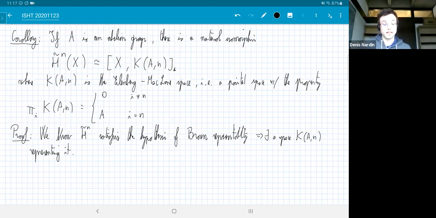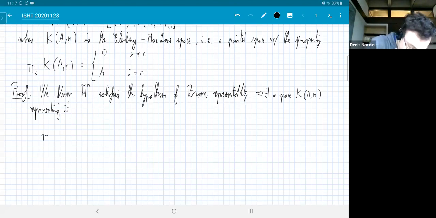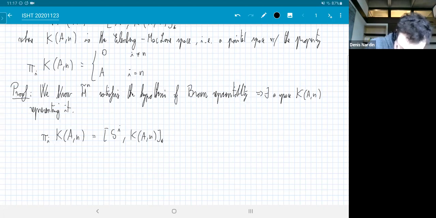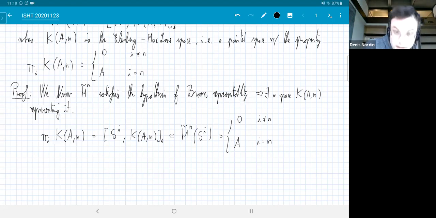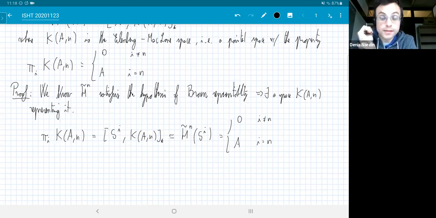And now let us show that it has the homotopy groups that we want. Pi I of K(A, N) is just H tilde N of S^I, which is indeed 0 if I is different than N, and A if I is N. So K(A, N) is indeed such a pointed space.